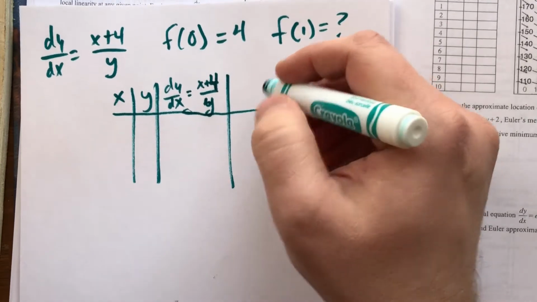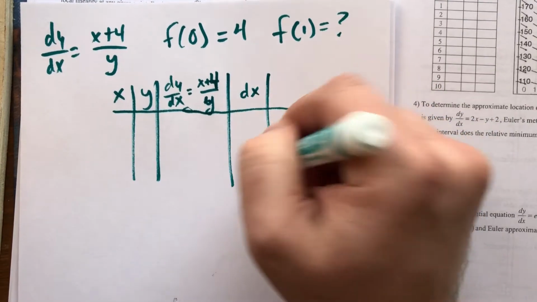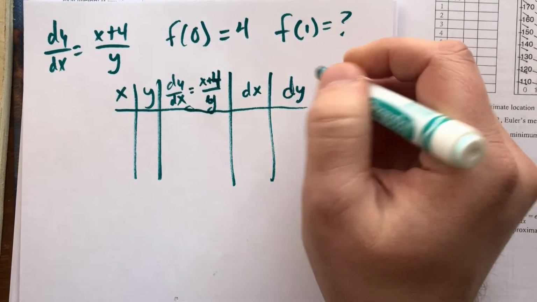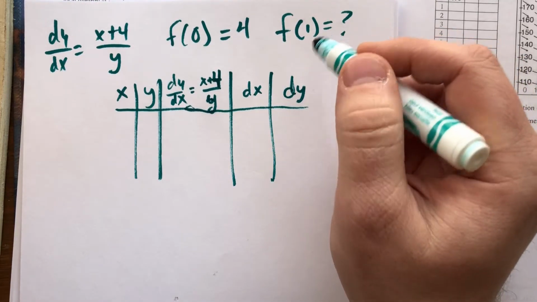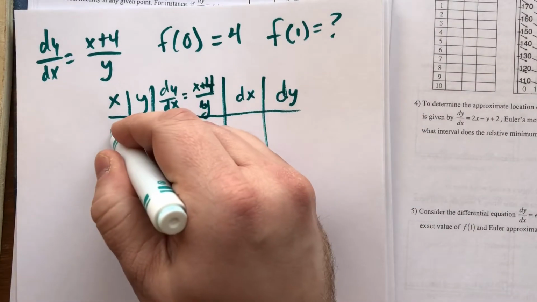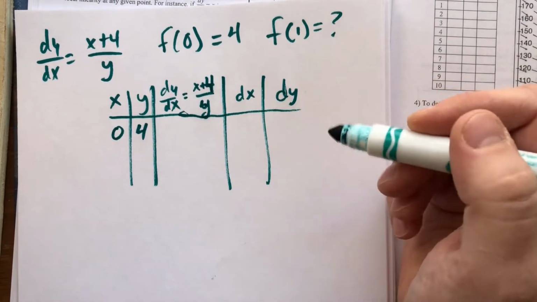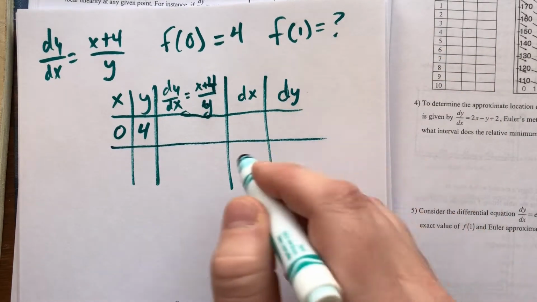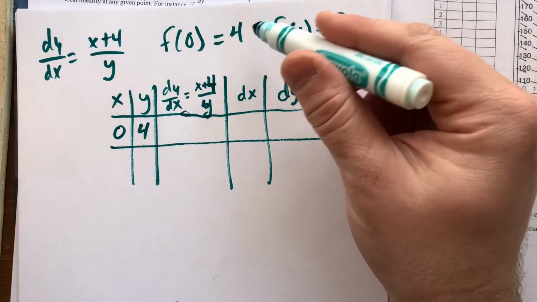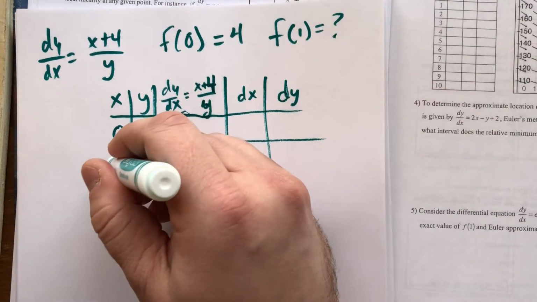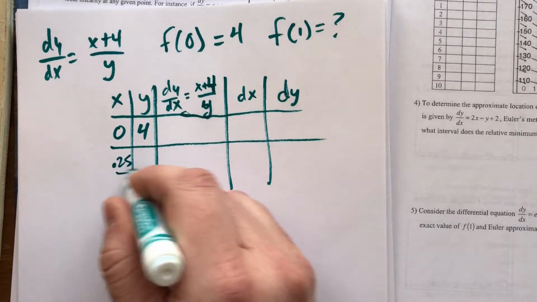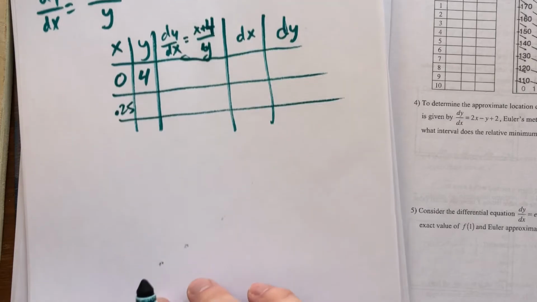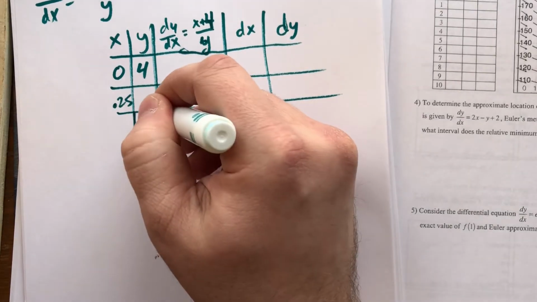I got confused. So my initial x, y was 0, 4. And if I'm trying to get to 1, well then I know, and it said to do 4 equal steps, so I'm going by 0.25s then.